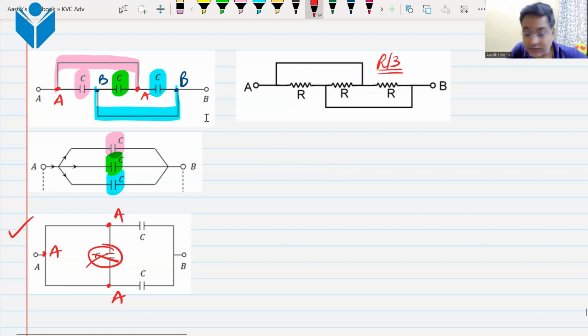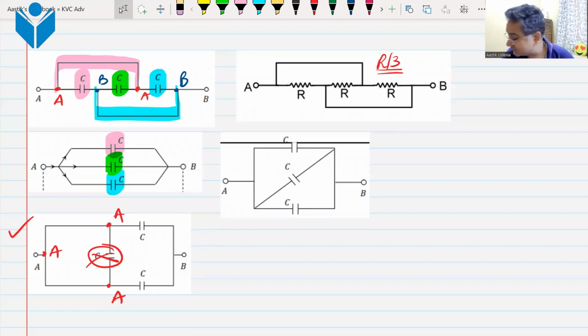The next one is this one. 3 capacitors connected like this. What is the equivalent capacitance? In this case, 3C.